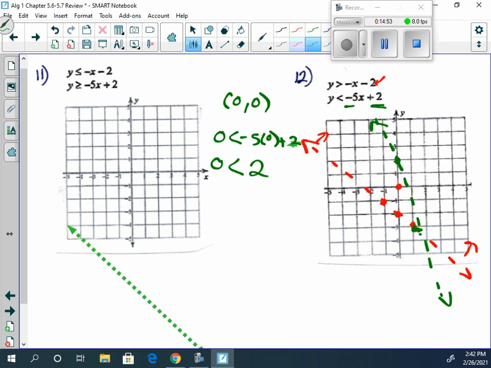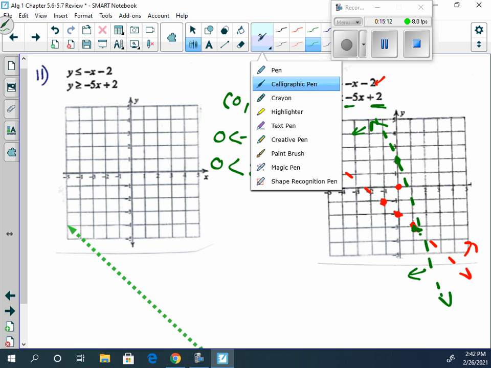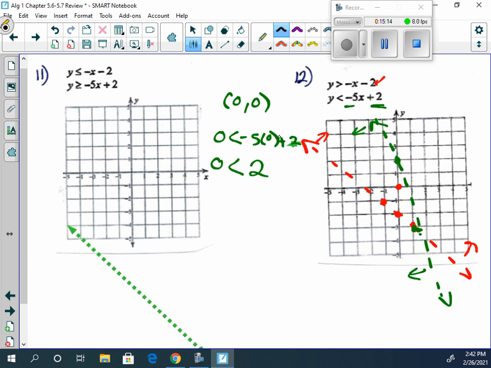Now, is 0 less than 2? It is. So we're going to shade towards the point 0, 0. Let's get a little faster.